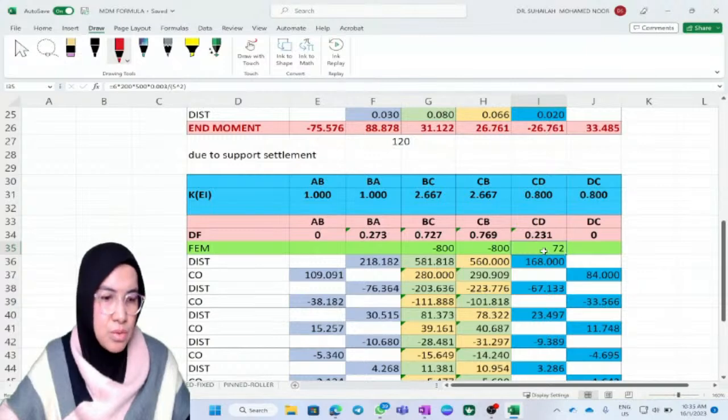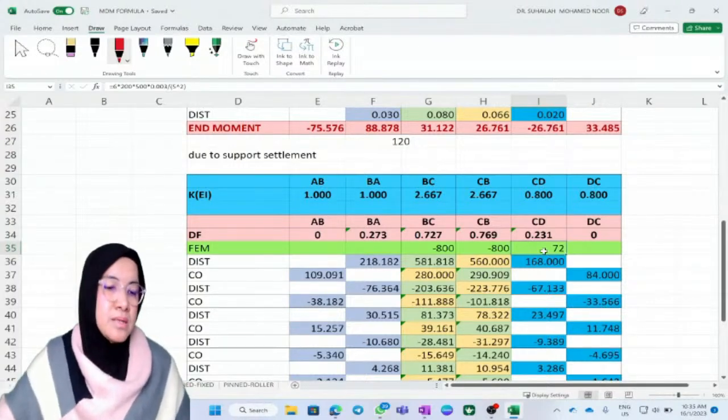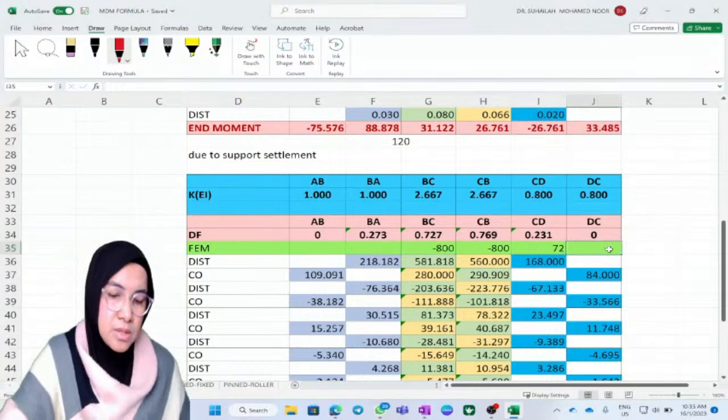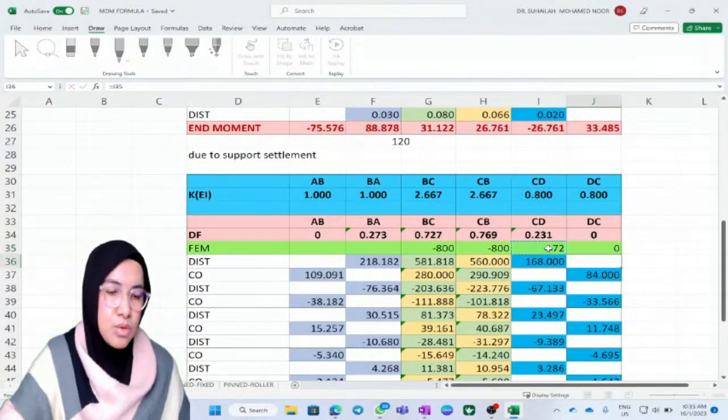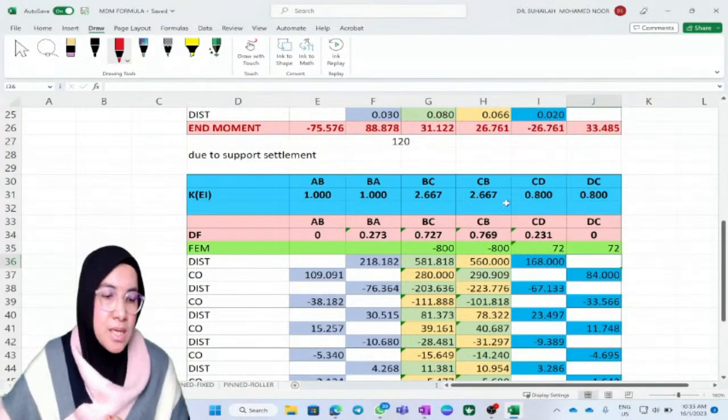Yes, 72. Previously we had 6 times 200 times 500 times 0.003 divided by 1.5 squared, so we get 800. That is correct. So this is also 72.